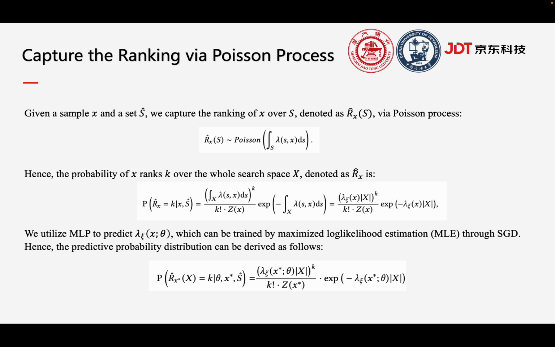The probability of X ranking K over the whole space X is derived as the second equation. We utilize an MLP to predict lambda, which can be trained by maximum log likelihood estimation through SGD. Hence, the predicted probability distribution can be derived as the third equation. To sum up, we capture the ranking of samples via Poisson process.